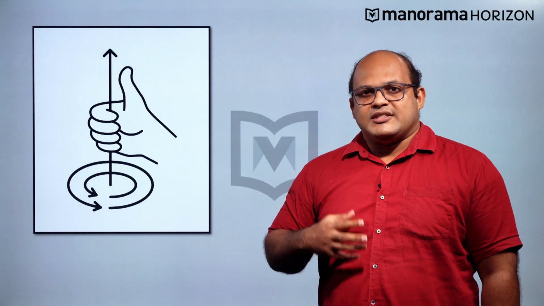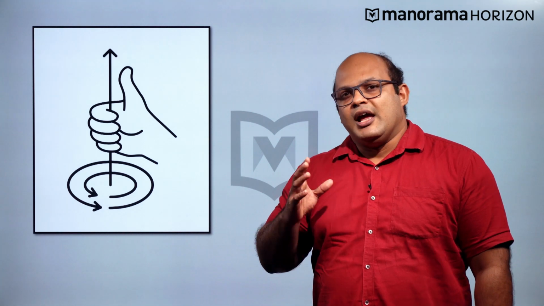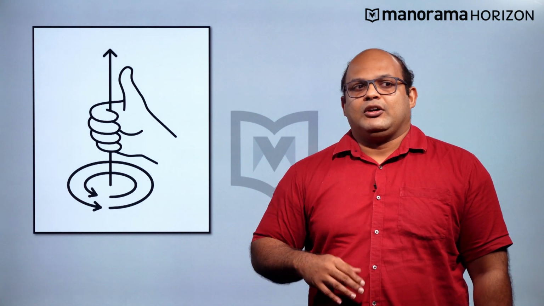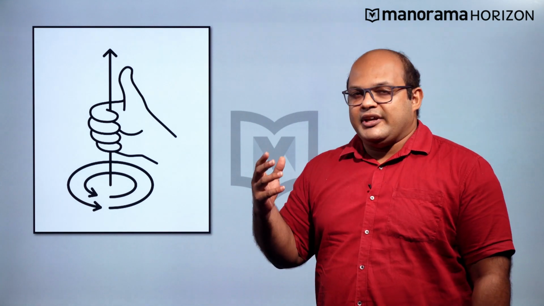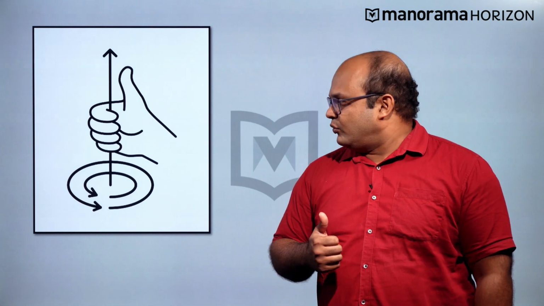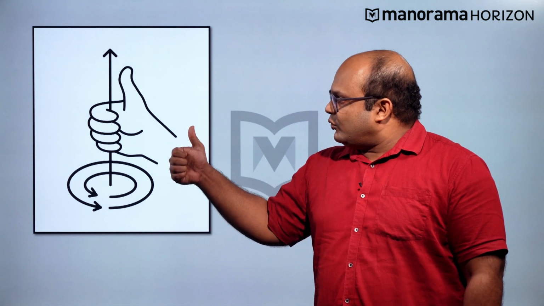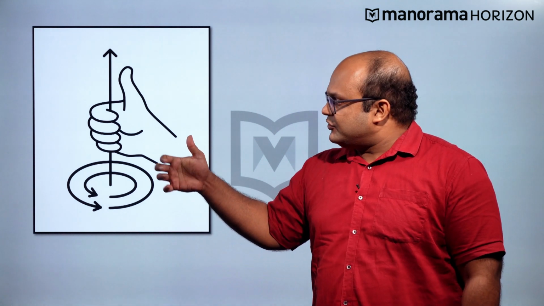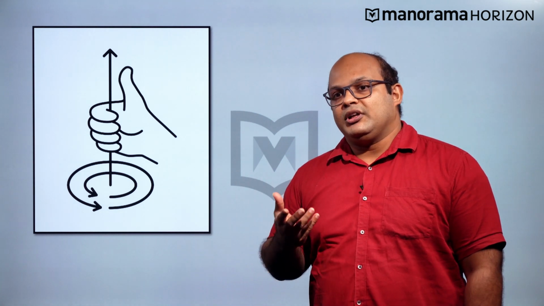Now, how do we assign the direction of rotation? As I said previously, we consider anti-clockwise rotation to be positive and clockwise rotation to be negative. In this particular case, we can use a handy rule called the right-hand rule, which says that the direction in which your finger is oriented and the direction in which your other fingers are curling will tell you whether the rotation is positive or negative.